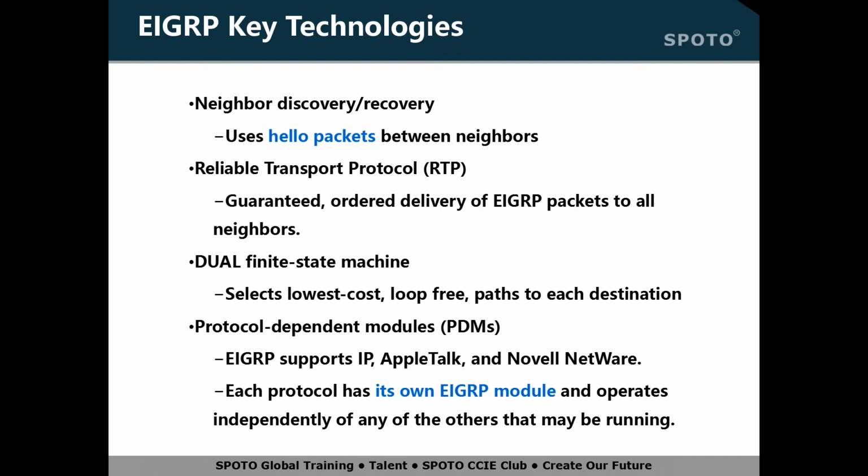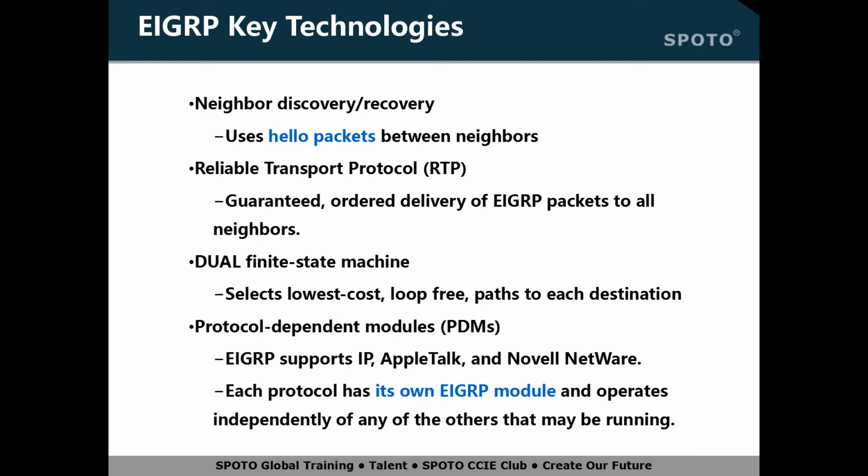In our later videos, we would like to give you more details on those key technologies of EIGRP, like neighbor discovery, the RTP, which is the Reliable Transport Protocol, and the DUAL finite state machine.